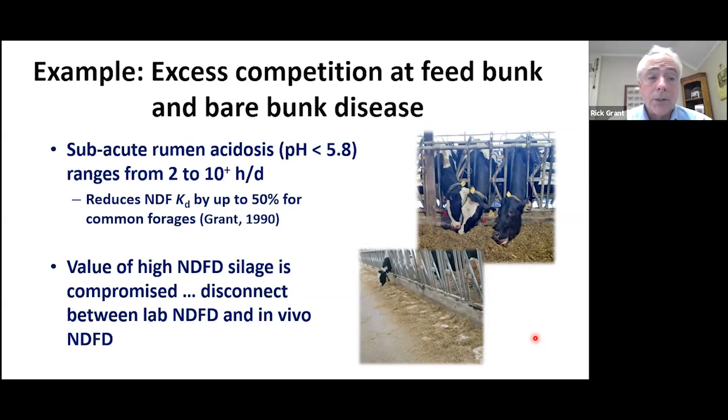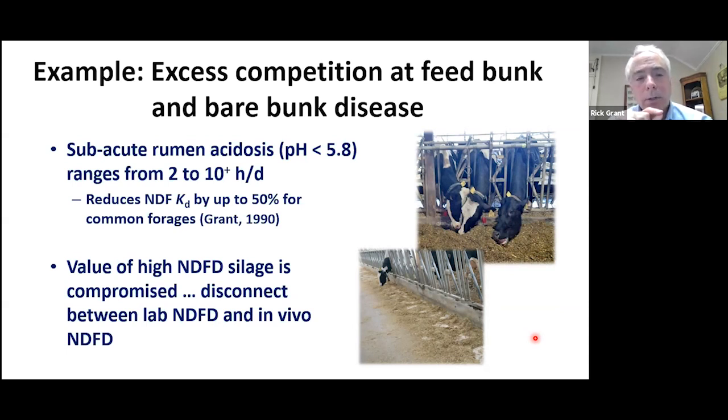Subacute rumen acidosis can range from 2 to 10 hours a day or more for individual cows, right? Under these conditions of overcrowding, feeding to an empty bunk. And there's lots of data out there, right? I quoted myself, that's kind of easy to do, I suppose. But there's a lot of data out there which shows that when you have that low a pH, you're really going to reduce NDF fractional digestion rate by up to 50% when it's less than 5.8 for those hours.